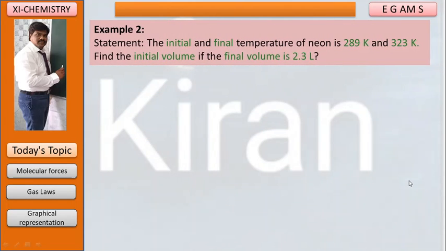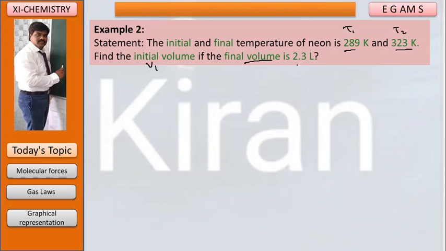Example 2 statement. The initial and final temperature of neon gas is given as 289 Kelvin. Initial temperature is T1 and final temperature is T2. Find the initial volume. Initial volume means V1 you have to find out.